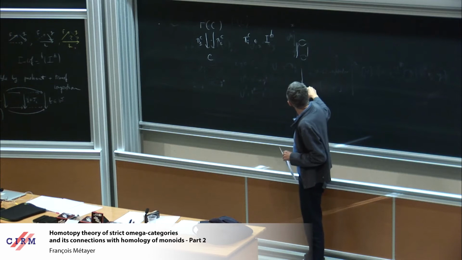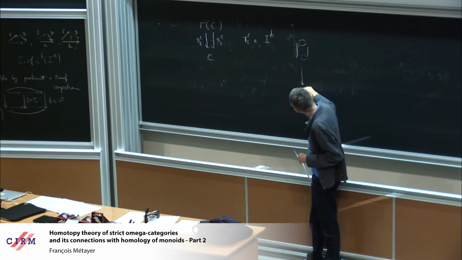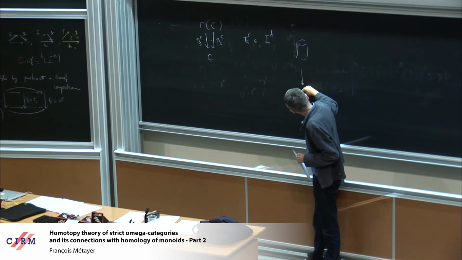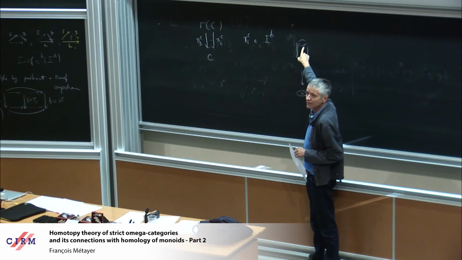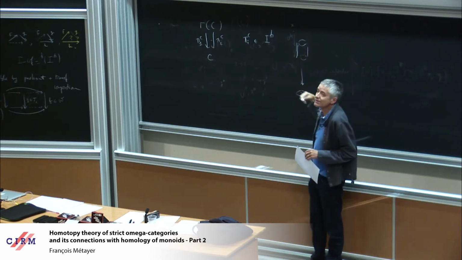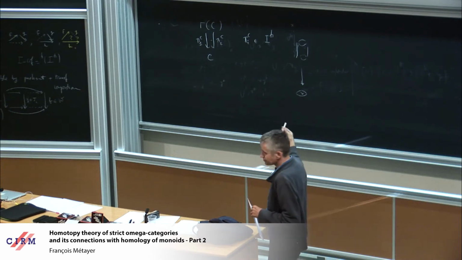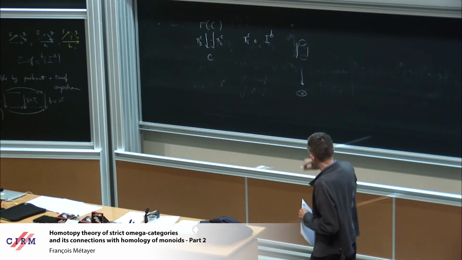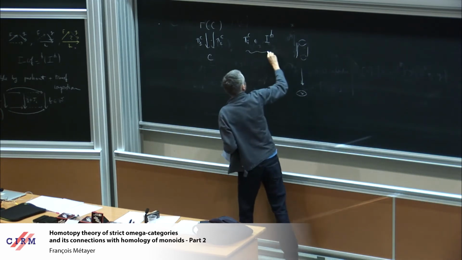To check that this is a trivial fibration, you have to say that if you have a cell here, then you can lift it here. But this is exactly what the transport lemma says. So the first consequence is that these maps are trivial fibrations.